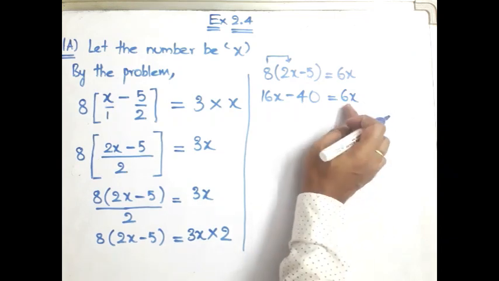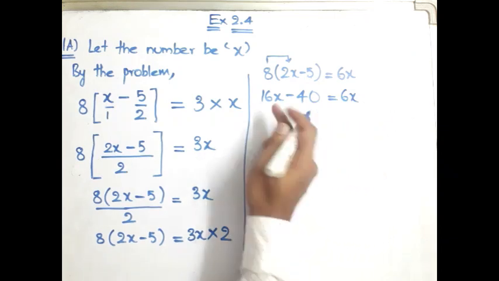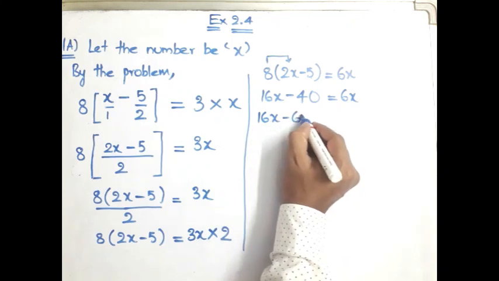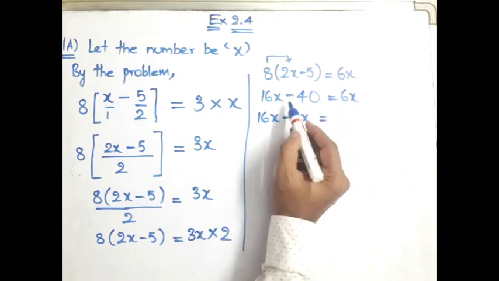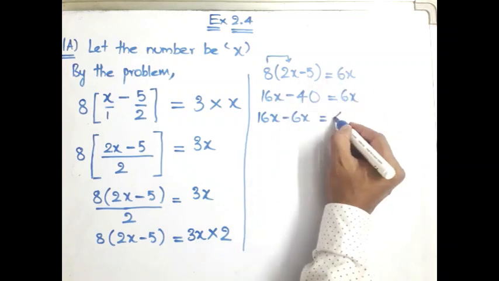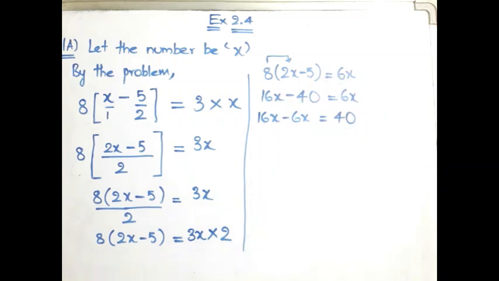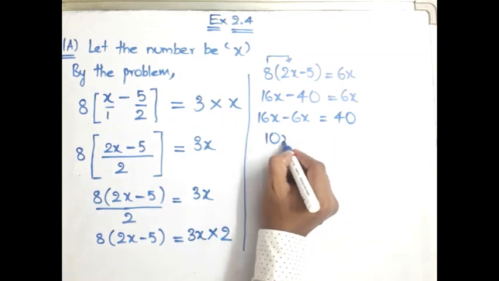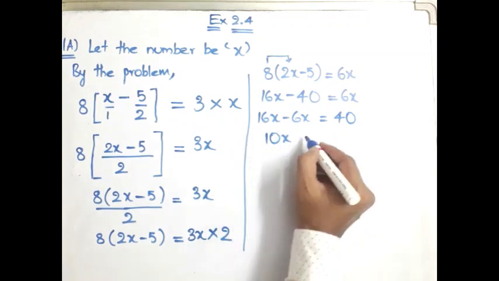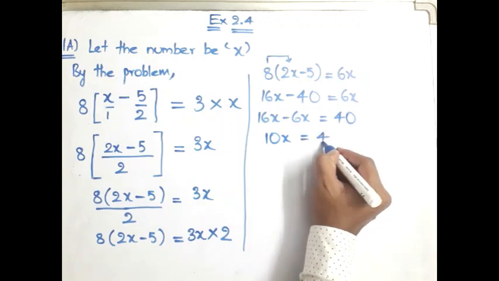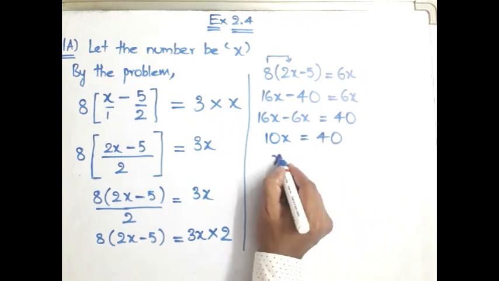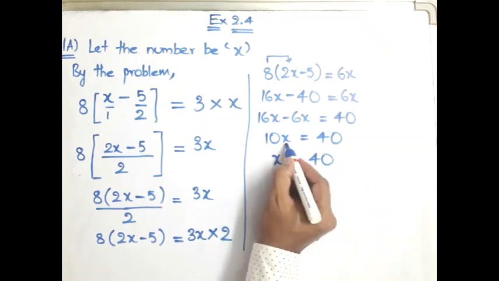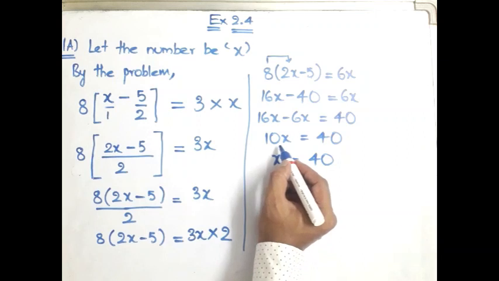Now transpose this 6x to the other side. Then it will become 16x minus 6x is equal to minus 40. If we transpose to the other side, it will become plus 40. 16x minus 6x is 10x, because 16 minus 6 is 10, is equal to 40. 10x is equal to 40. 10 is in multiplication with x, then only we call it 10x.